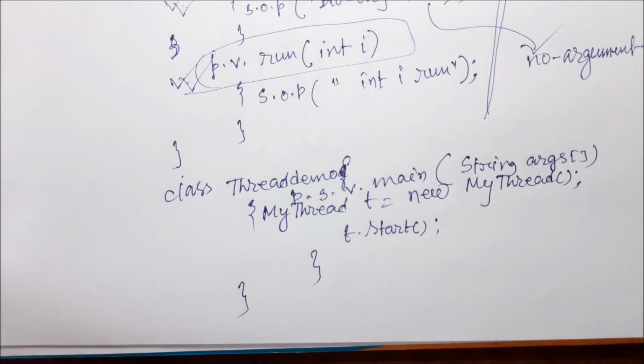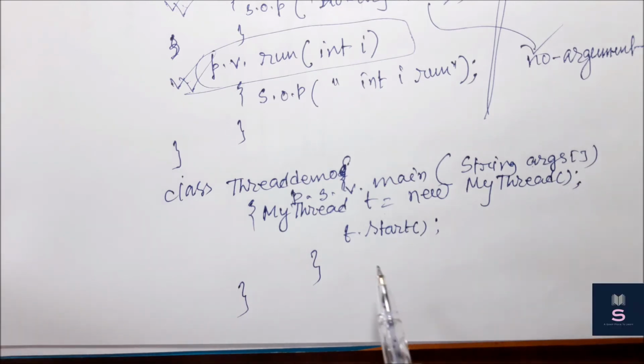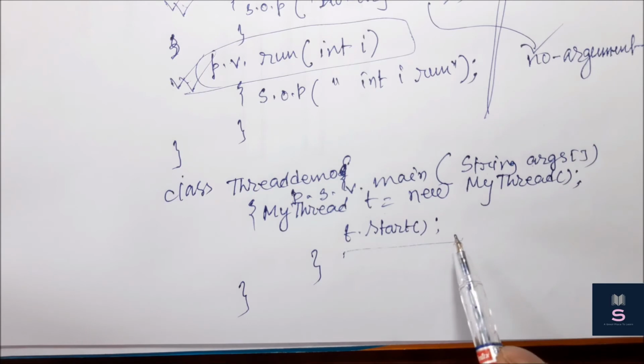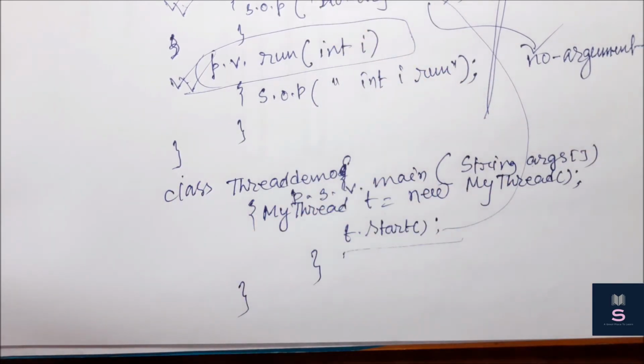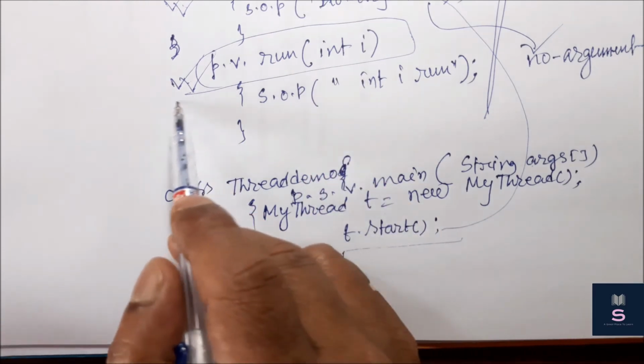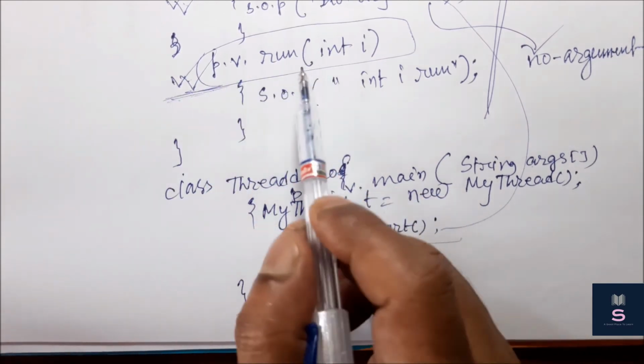Why? Because when we call the start method, it will call the no-argument run method, not the overloaded run method with one argument. So it is a normal method overloading.